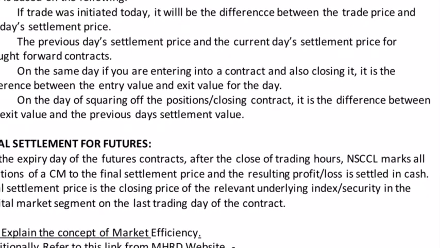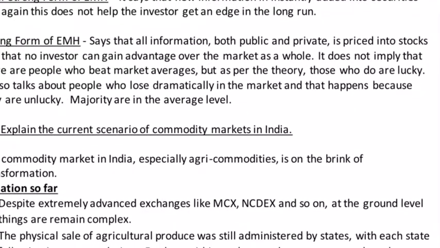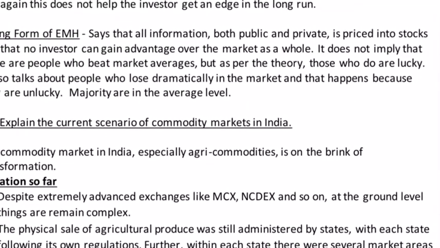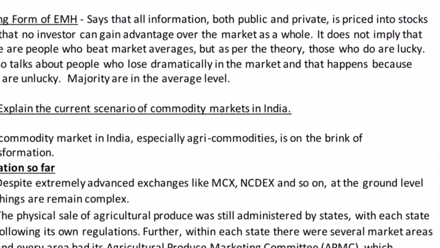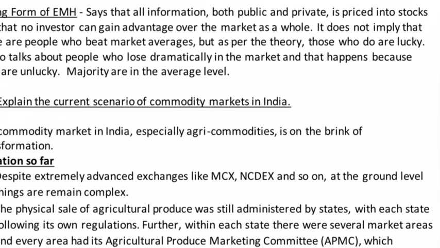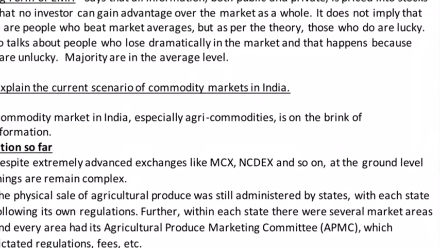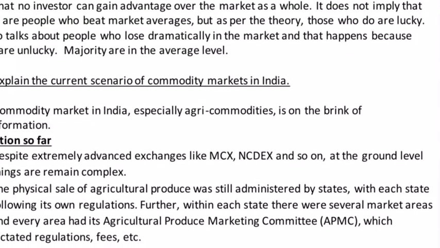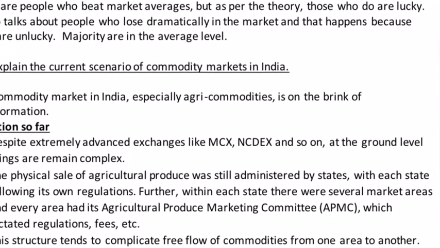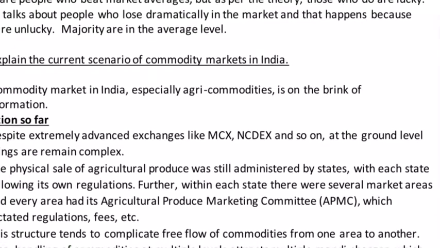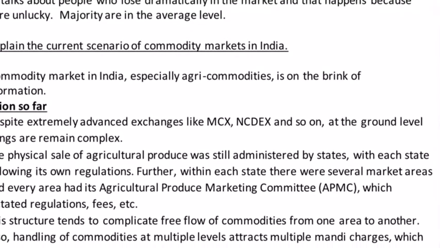This concept was proposed by Mr. Eugene Fama in the year 1970, and this theory that he brought out is called the efficient market hypothesis. So these are some of the pointers of EMH, or efficient market hypothesis. The efficient market hypothesis says that all known information about investment securities such as stocks is already factored into the prices of those securities.